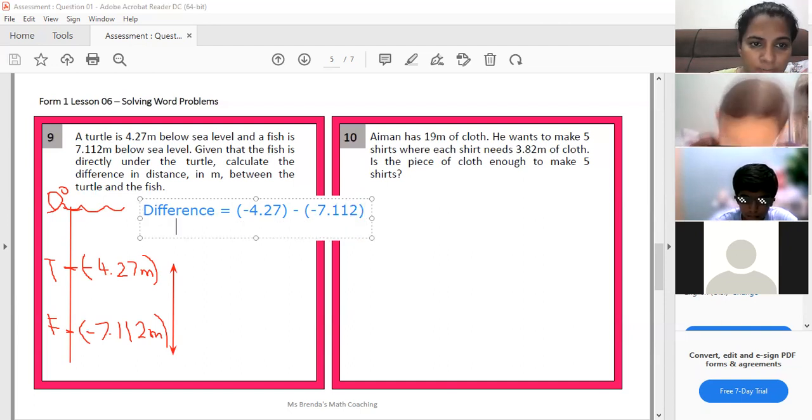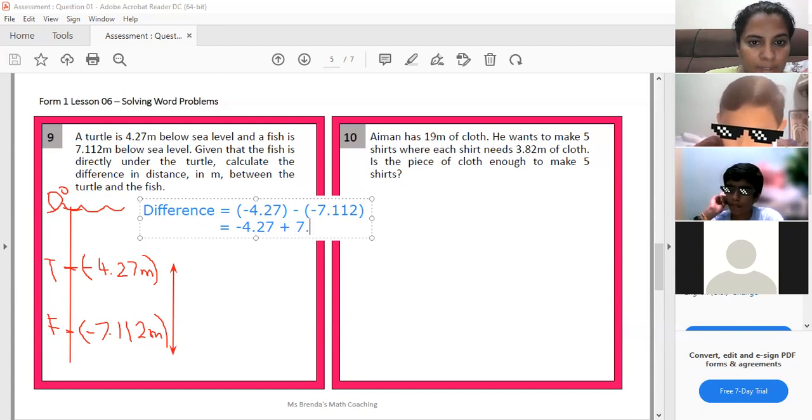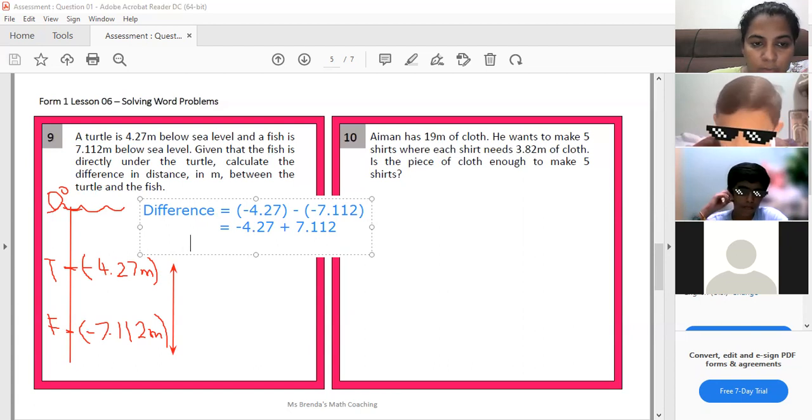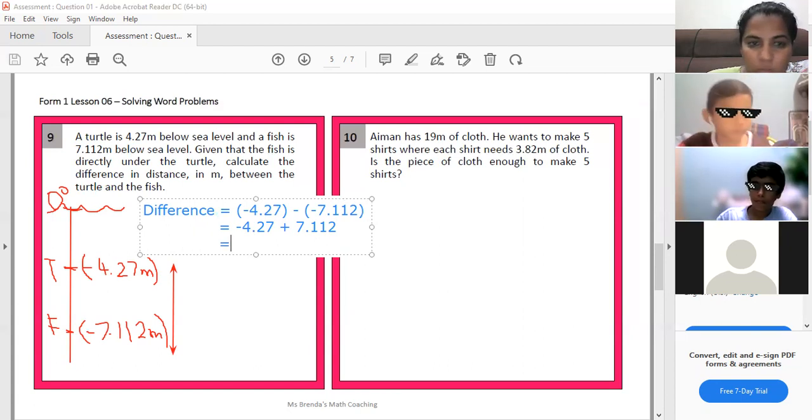Okay, go on. Write out your number sentence already. Now equals to negative 4.27 plus 7.112. Work out on your calculator. What is the answer here?